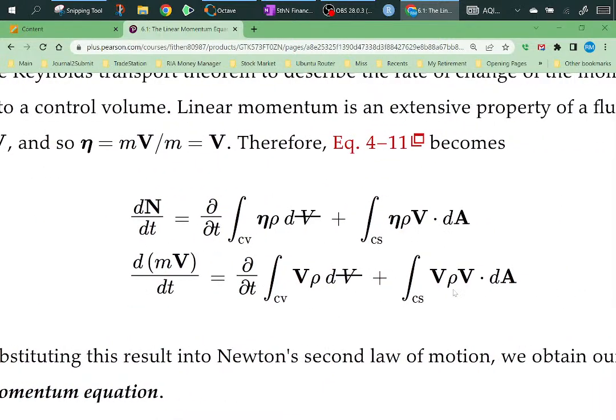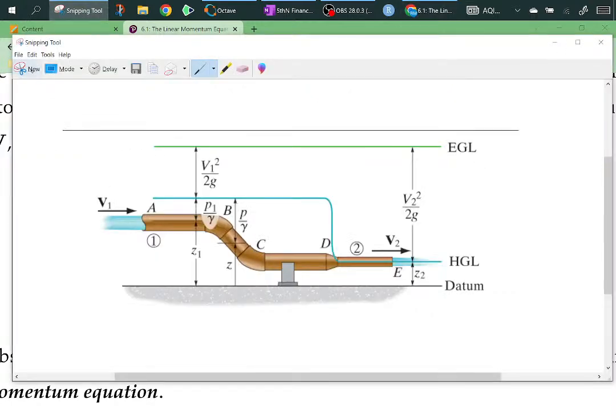equations that were similar. This is the part where he did a mass thing before, and now we're going to do momentum. If you look at these equations, we've already done these.